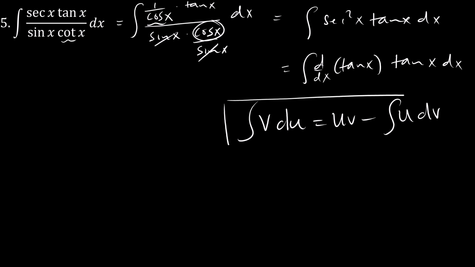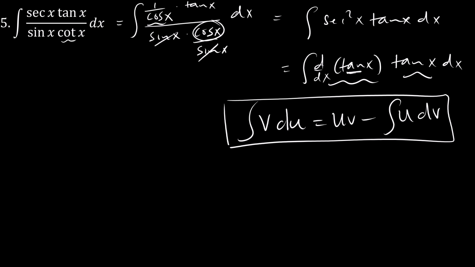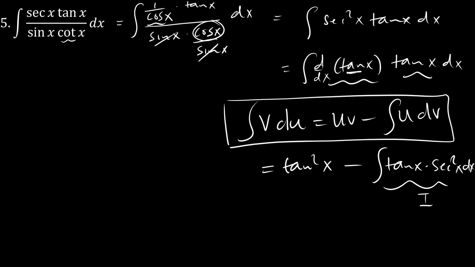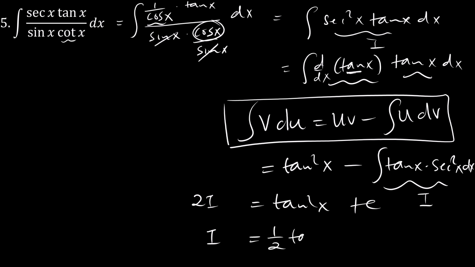So using that, I can choose this guy to be u and this to be v, so that uv is tangent squared of x, and then the derivative of tangent of x is sec squared of x. We realize that this is the same as I, if this is our I, right? So we have 2I being equal to tangent squared of x plus c, and so I is equal to a half of tangent squared plus, we'll keep c as c.